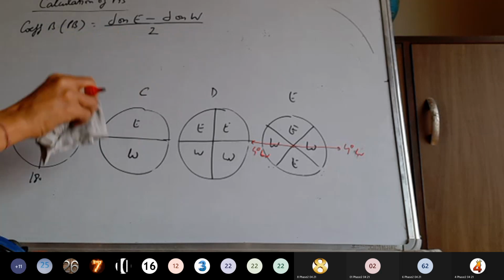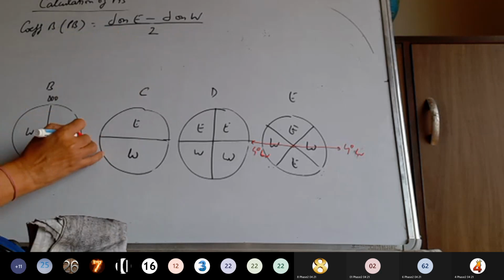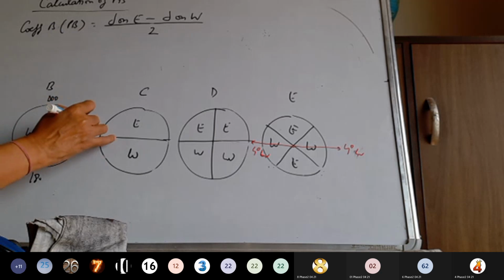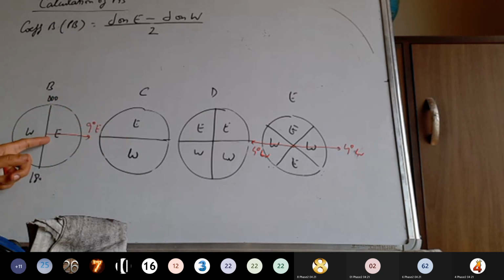So what will happen to deviation due to coefficient B? Let us say here it is 9 degrees east. If the deviation on easterly heading is 9 degrees east, then what is the value of coefficient permanent B?